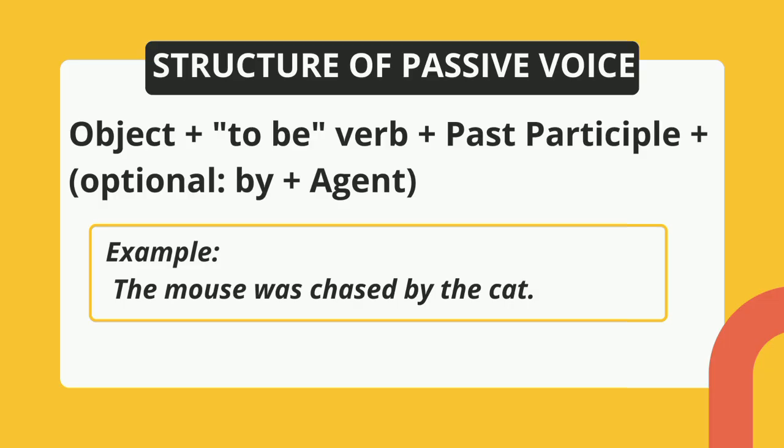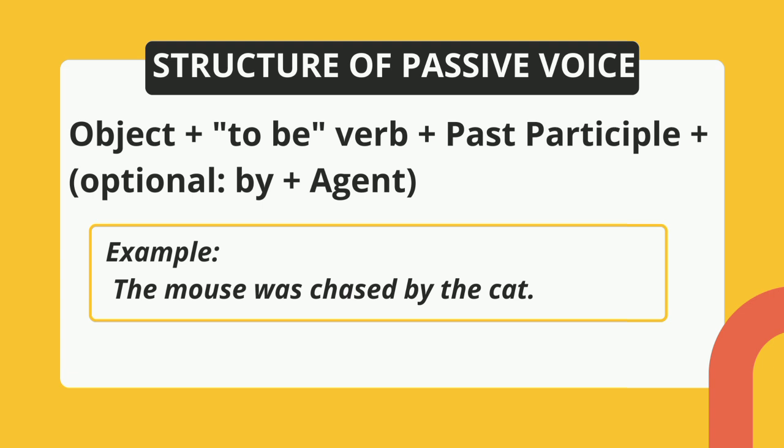Let me quickly use that to explain the structure. Don't forget that in active voice, the mouse was the object: the cat chased the mouse. But now in passive voice, the mouse has taken the position of the subject, and the to be verb I spoke about when talking about the structure is now was. Was is the to be verb, plus the past participle.